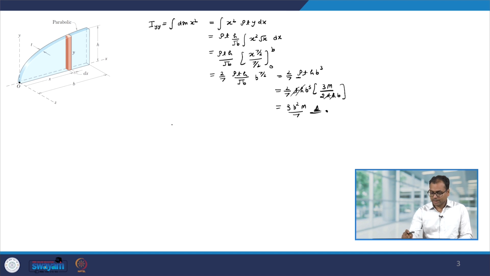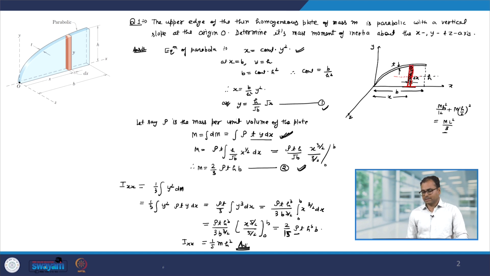Now, let us look at the moment of inertia about the z axis. Note that this plate lies in the xy plane. Therefore, the moment of inertia about the z axis will be the sum of the moment of inertia about the x and the y axis.